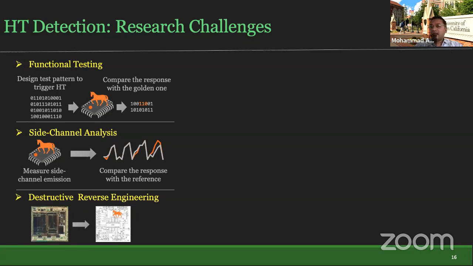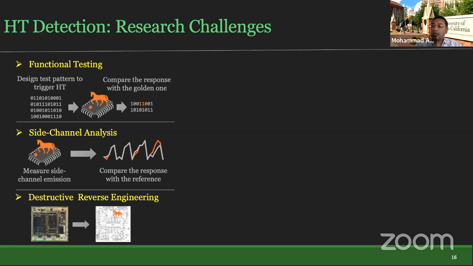If I can analyze those other modalities, is it possible to identify any anomaly, anything that doesn't add up compared to a standard design? And then, definitely, there is opening up the chip, putting it under a microscope, and going transistor by transistor to reverse engineer, but that is extremely expensive and time consuming, and didn't get much popularity in the world.